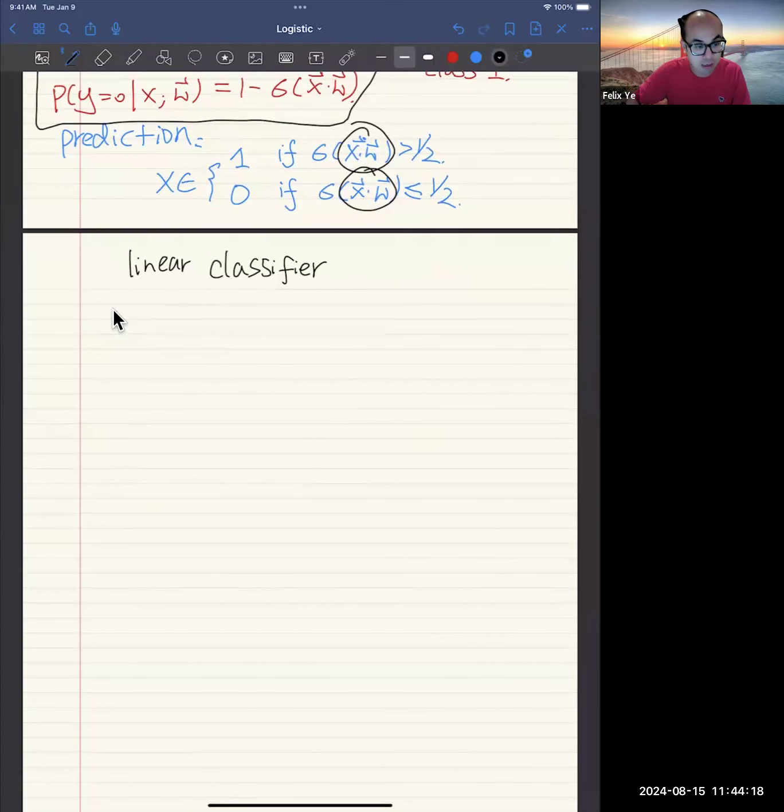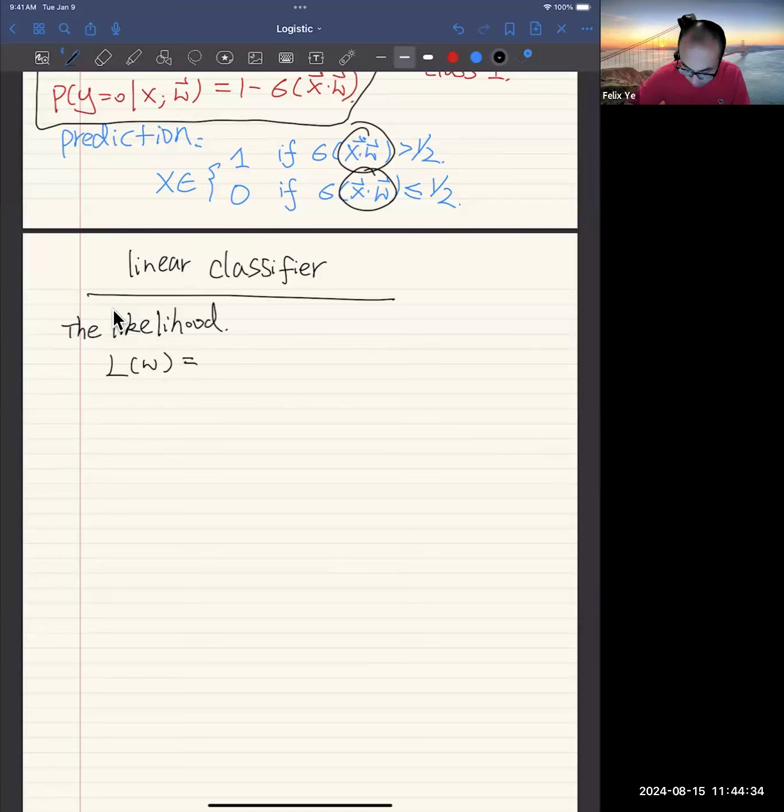So the first thing we can think about is finding the likelihood. The likelihood is the probability that you observe y_i, i from 1 to n, conditional on x_i, which is my feature, and given some parameter.